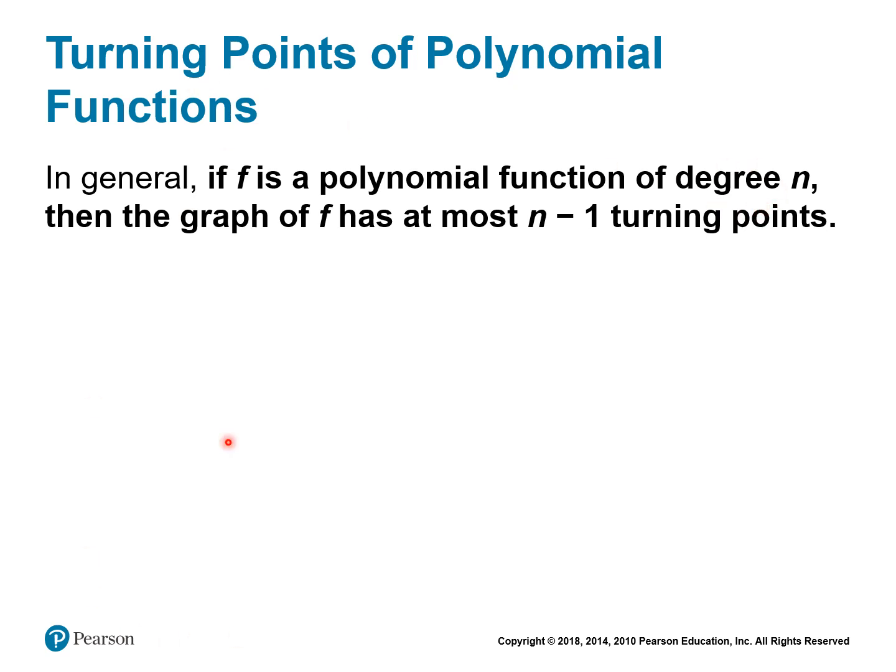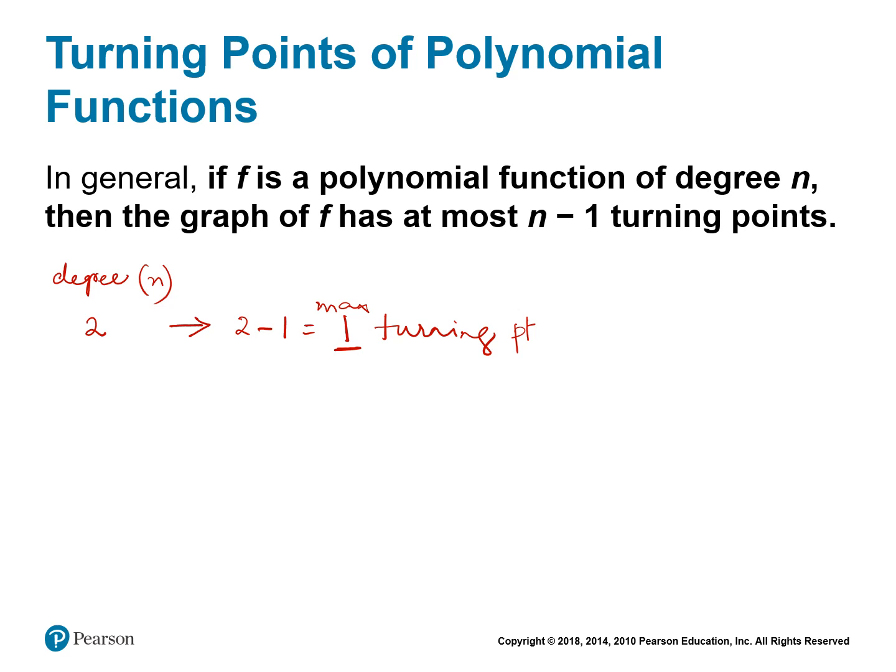So what it's saying is, if the degree, represented by n, is 2, that means if it's a quadratic function, then it'll have 2 minus 1 equals 1 turning point. And that's at most. At most means that's the maximum turning points it'll have.